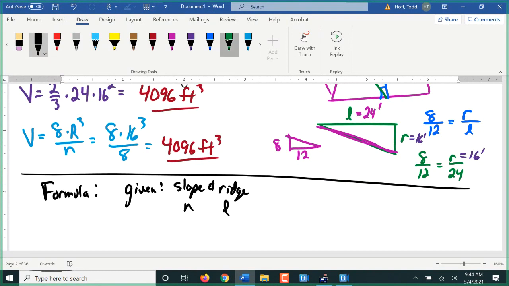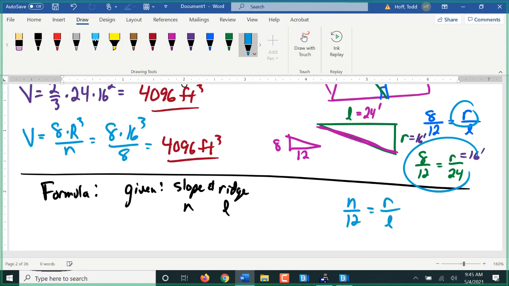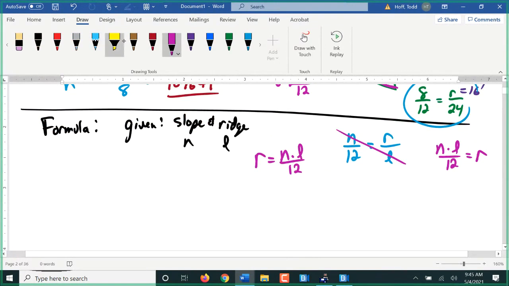Because we were able to find here that R, if I solve this for R, so it's N over 12 equals the radius over that ridge length. Cross multiply N times L and divide by 12, that equals R. So because R equals N times L over 12, I can use that now to work into my formula.